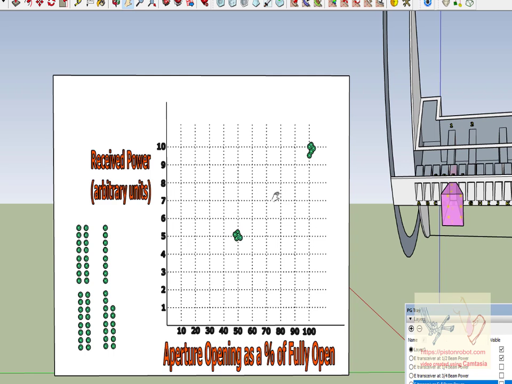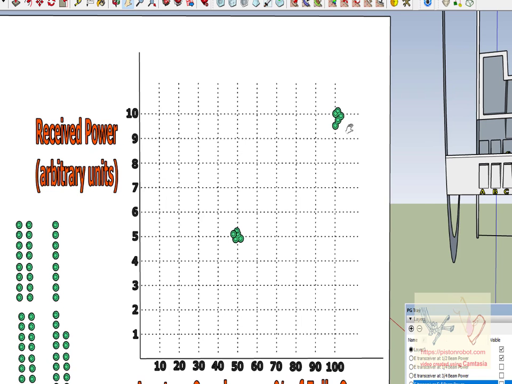And after a while, we'll get a collection of points that shows that when the doorway is 50% open, we're going to have an arbitrary power level of about 1/2 of what it was when the door was 100% open. This is our prediction.